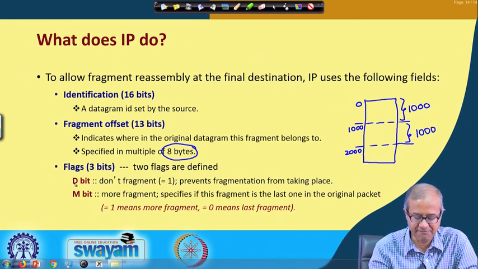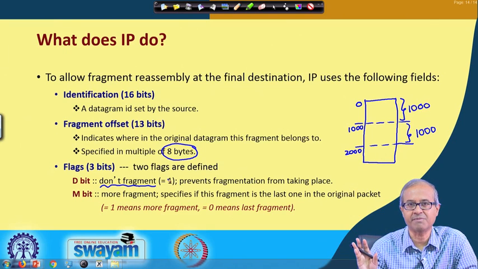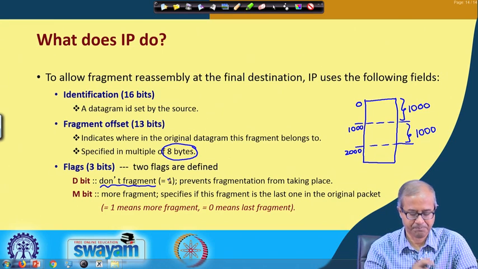One is the D flag, D stands for do not fragment. So, if this flag is 1, it tells the router not to fragment this packet. So, you can enforce that this packet must not be fragmented. It is carrying some other information, which if you fragment, there may be some problem.